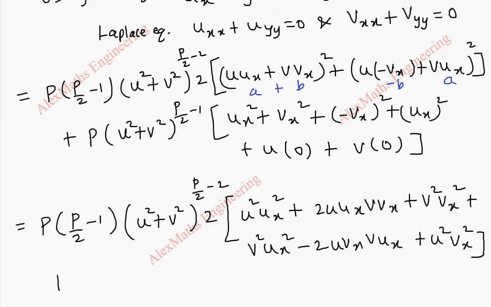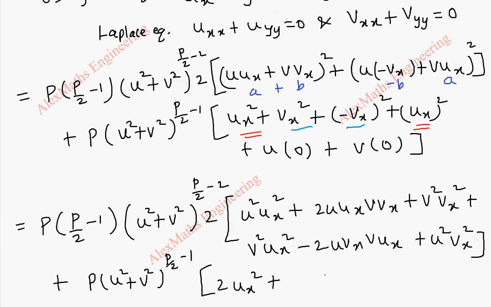Then plus p into u square plus v square power p by 2 minus 1. These two terms we can combine as 2 times ux square, and when I square it, this will become positive, so this will become 2 times vx square.